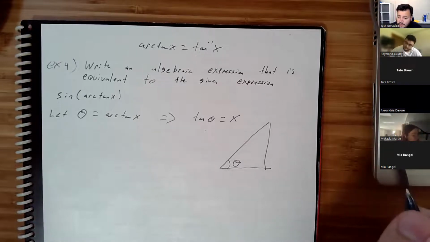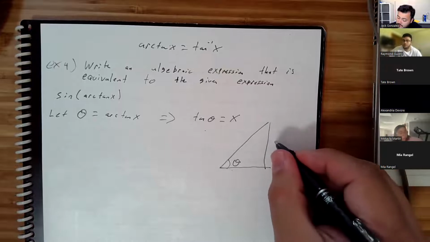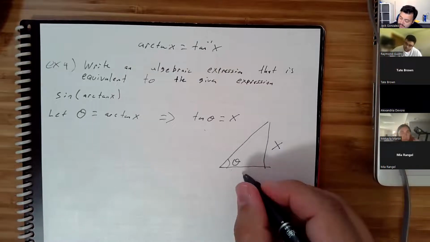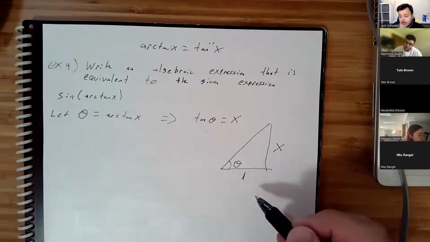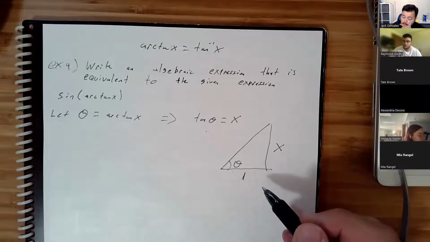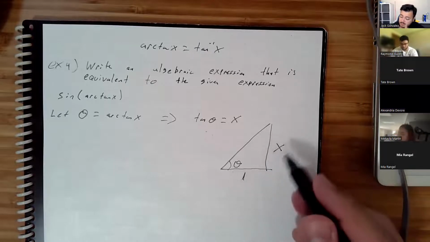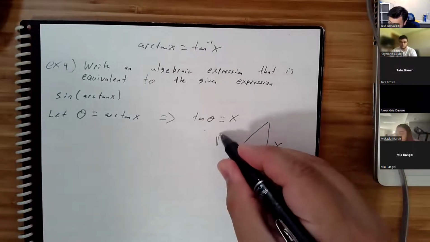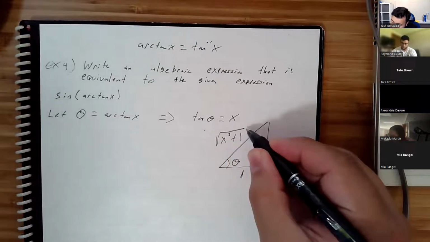So if theta is right there, tangent theta is equal to x, that means that we have the opposite and adjacent equal to x over 1. Okay. And if you solve for the hypotenuse, I'm going to skip the Pythagorean theorem if that's okay, to get this one.